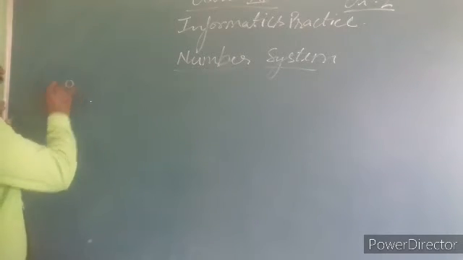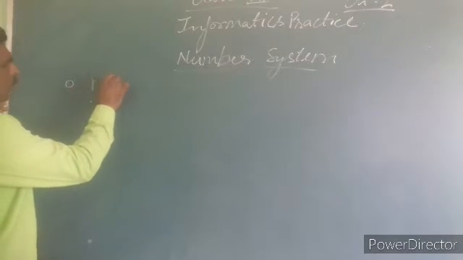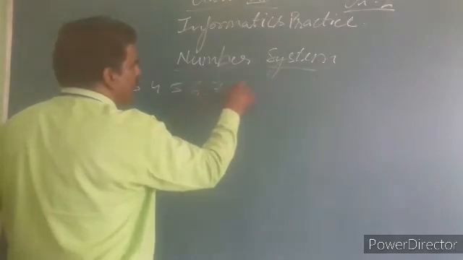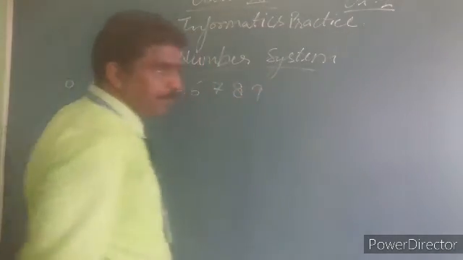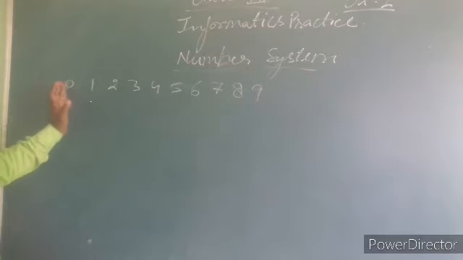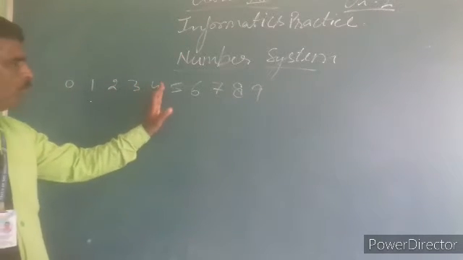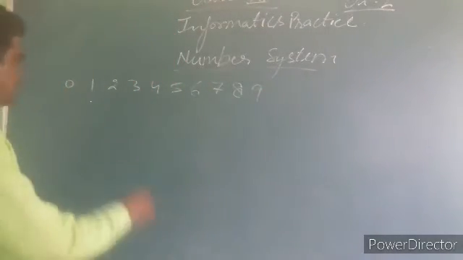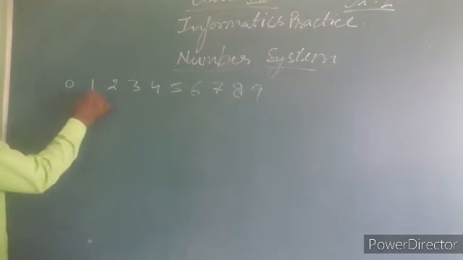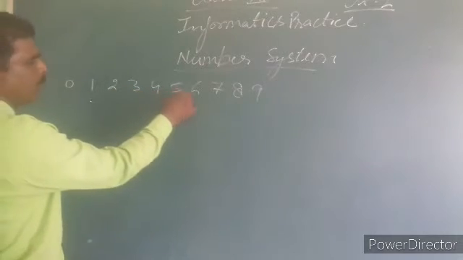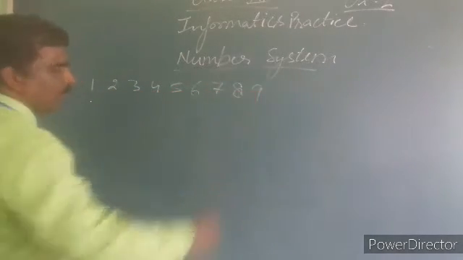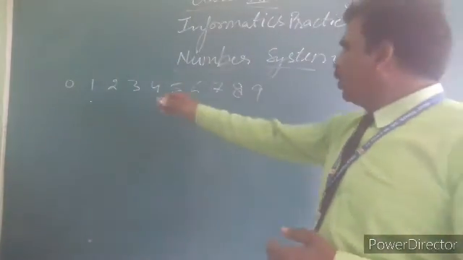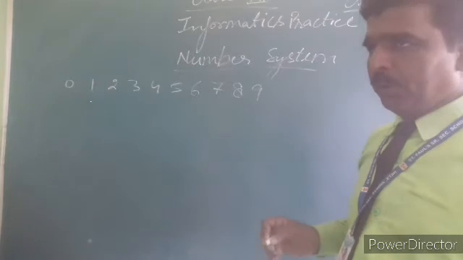Check it. If we are taking any number, we have 0, 1, 2, 3, 4, 5, 6, 7, 8 and 9. It means up to 10 digits, which will be counted in the following manner.